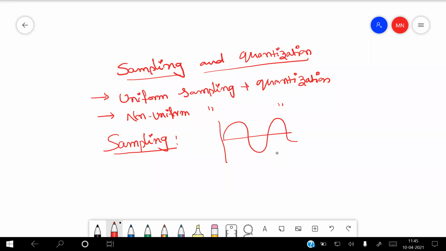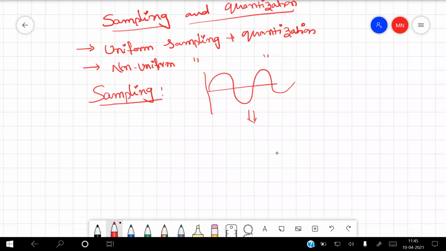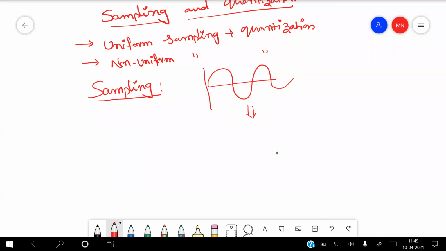So for example, this is a continuous signal. Now this continuous signal you have to convert into a discrete signal. That means if you are selecting this point or this point, we are taking discrete instants of time and converting into a discrete signal.